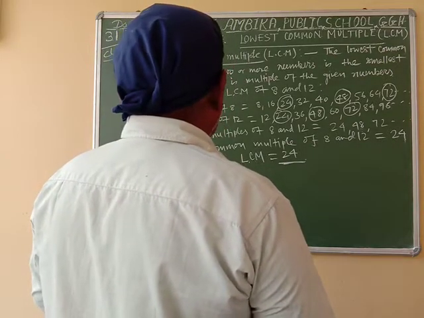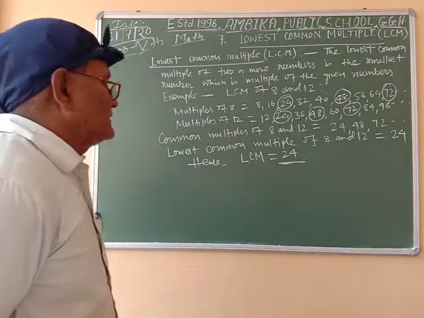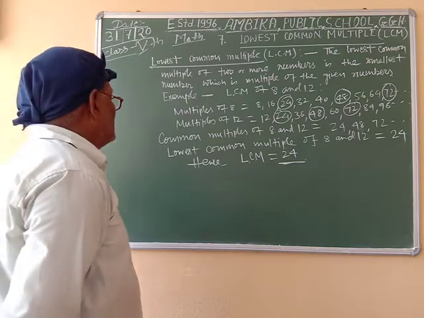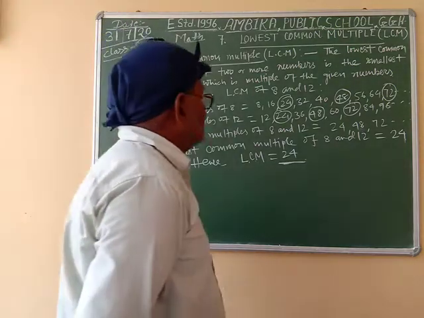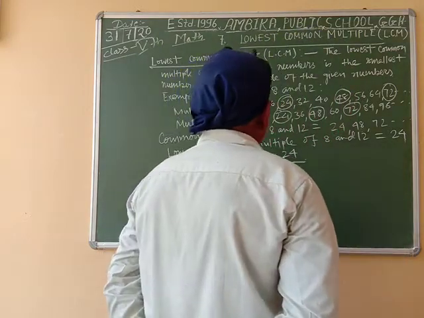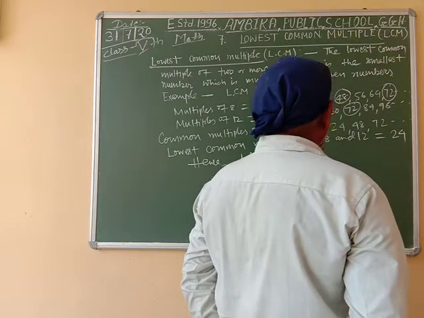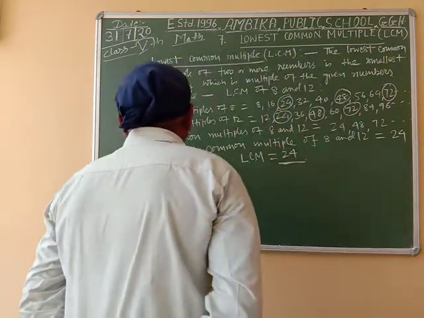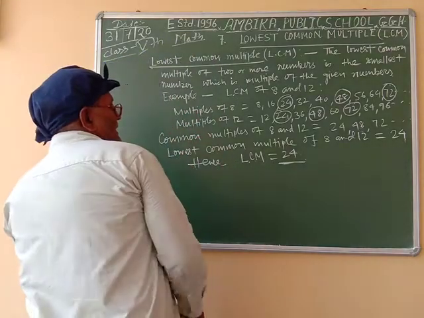And multiples of 12 are 12, 24, 36, 48, 60 and so on. Now we get the common multiples of 8 and 12. Common multiples of 8 and 12 are 24, 48 and 72. Then the lowest common multiple of 8 and 12.